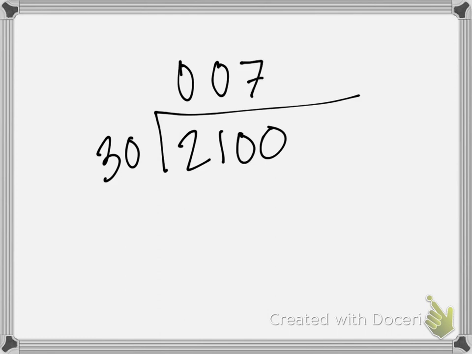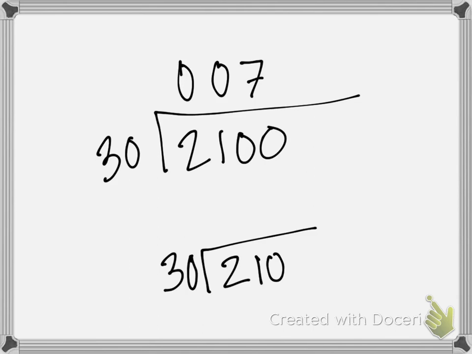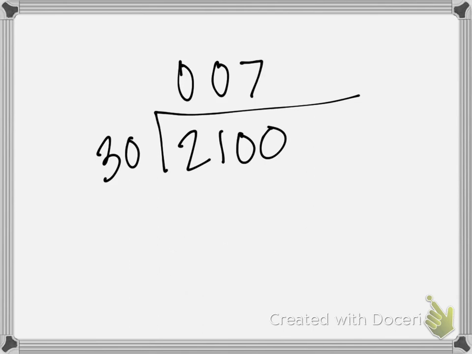If you want a trick for this, how many times does 3 go into 21? 7 times. We just add a 0 to each of them and it stays the same. Excellent. What is 30 times 7? 210. Hey, we get our 0.